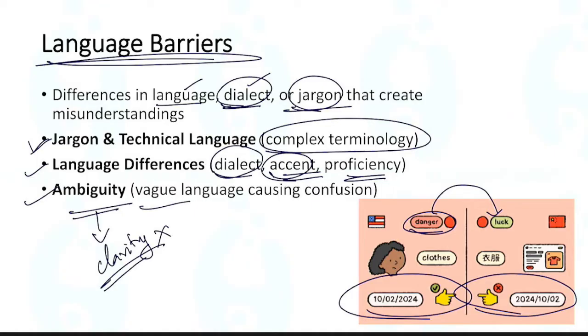We write date, month and year, but in American English it is month, date and year. In certain other languages the year comes first, then the month and the date. So it differs from place to place.